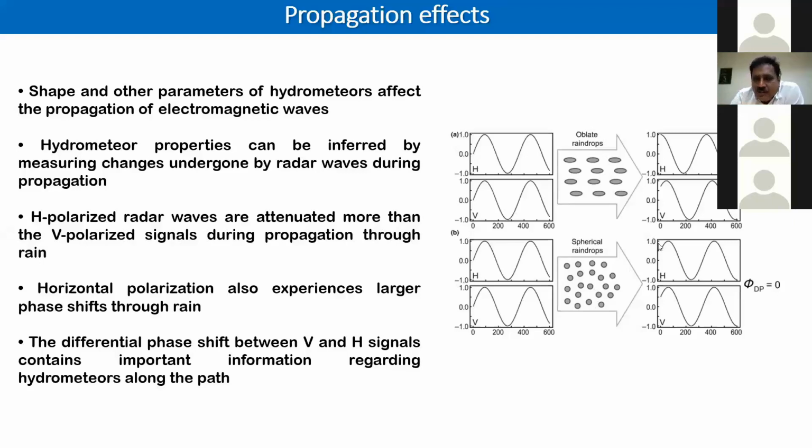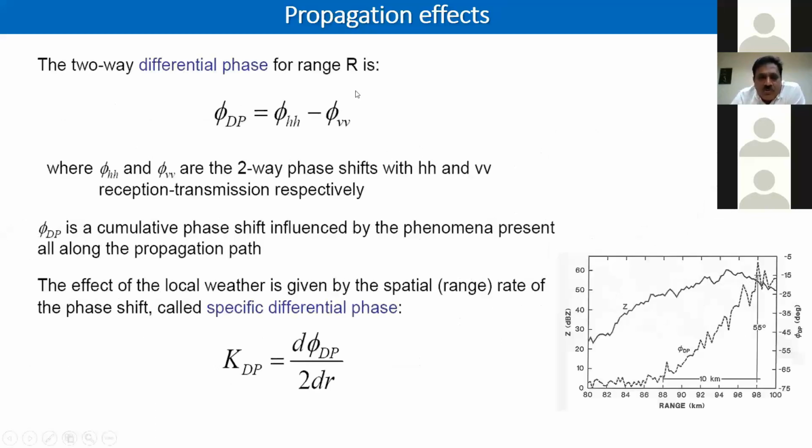But if the drops are of oblate shape, then the horizontally polarized wave will travel in the water drop for a longer time, so it will slow down compared to the vertically polarized wave. Because of that, you see a change in the propagation. That propagation change is called phi dp, the two-way differential phase, which you get at different ranges. This phi dp is a very important parameter.